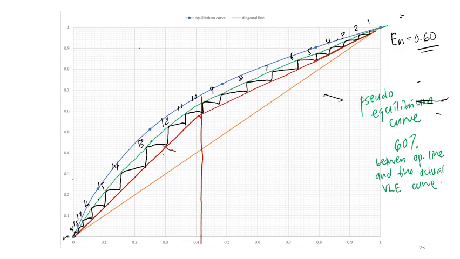So if you take into account the Murphree efficiency of 60%, you will end up with actual number of stages approximately 20. But take into account that the last one for the XB, you have to touch the actual VLE curve, not the pseudo equilibrium curve.